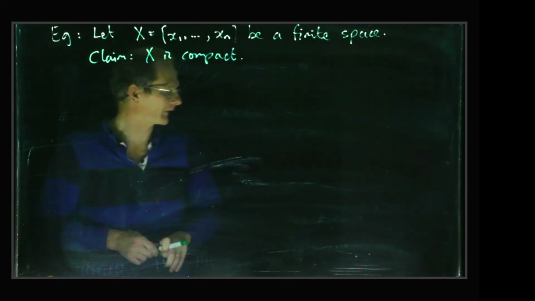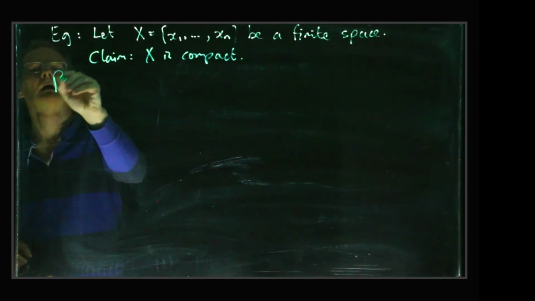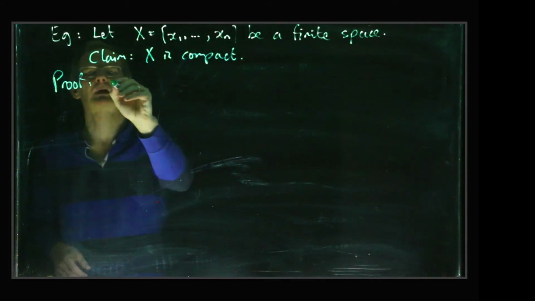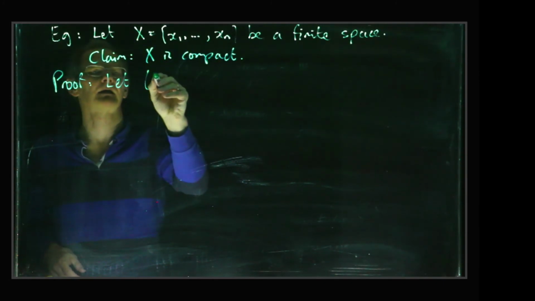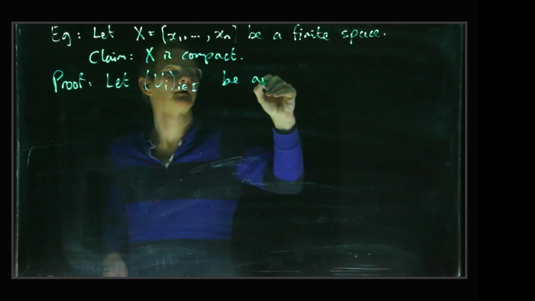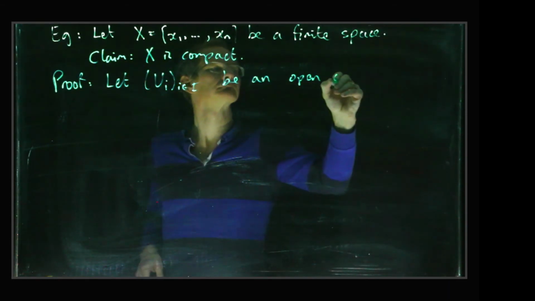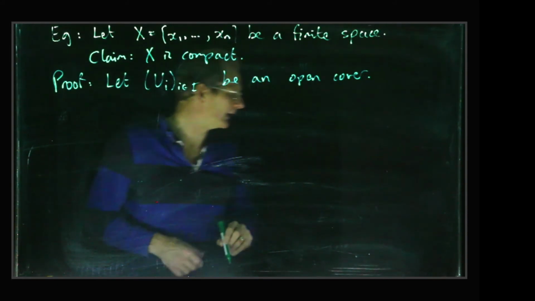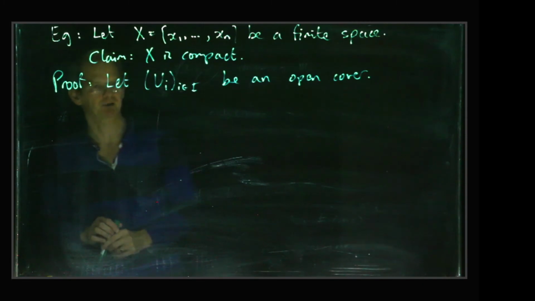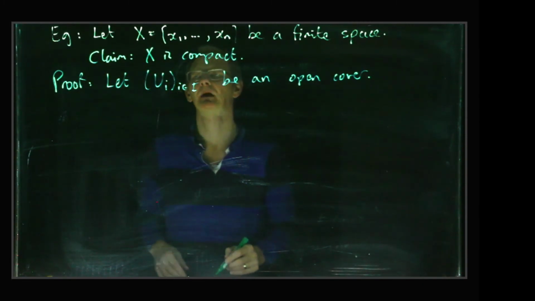We want to prove that that's compact. So remember how the proof of compactness always has to start like this? We have to say let U_i be an open cover. Okay, and then somehow we have to produce a subset J, and then check that the U_j for j in J still cover the space.